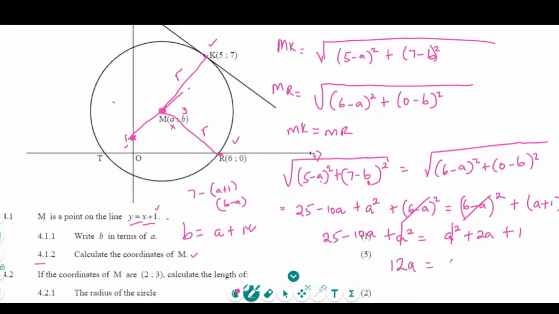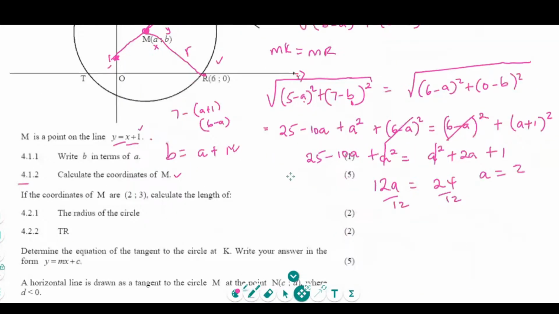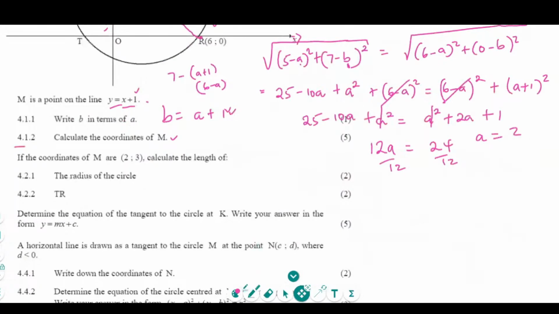When this one moves, I have 24. Divide both sides by 12, which means A is 2. Then I'll use my first equation to determine B. So B is going to be A plus 1, which is 2 plus 1, which is 3. So those are the coordinates of M, 2 and 3.